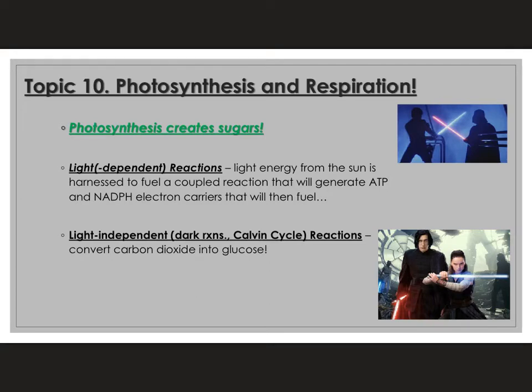Now, photosynthesis, right? Photosynthesis, on the other hand, creates sugars. So it also involves that little bit of ATP production, as we had said, but more importantly, the key goal of photosynthesis is to use solar energy and convert that into chemical energy in the form of sugar.